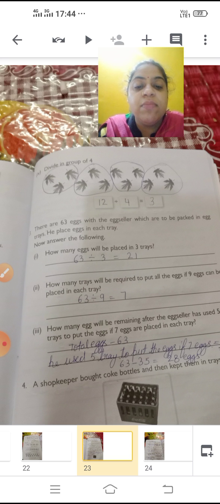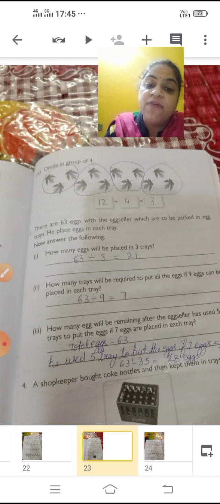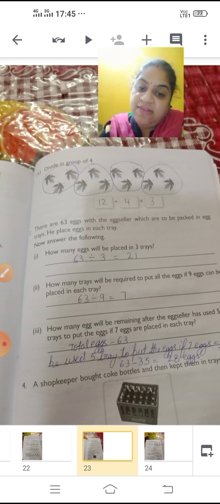Now they have given the number of trays and the number of eggs. So now we are taking out how many eggs are remaining with the egg seller.